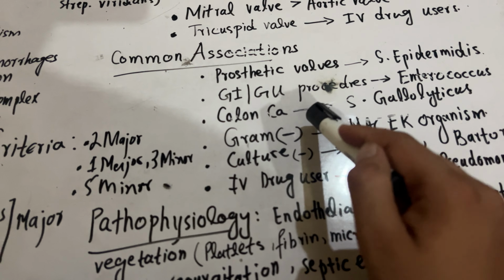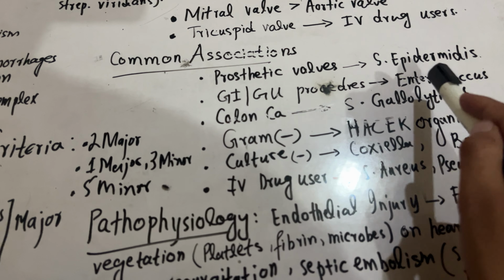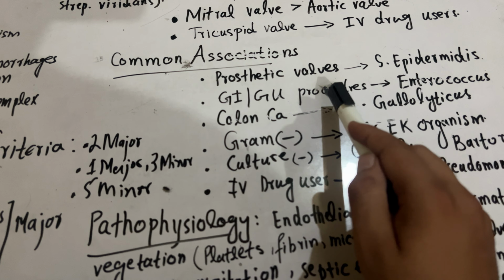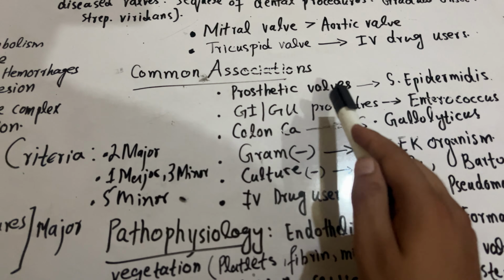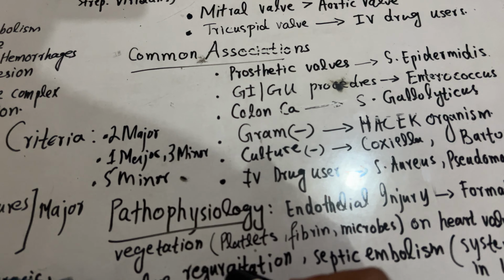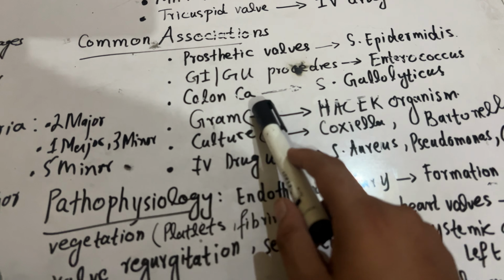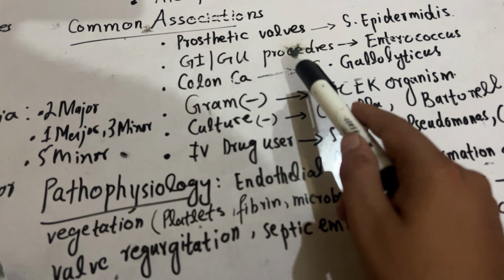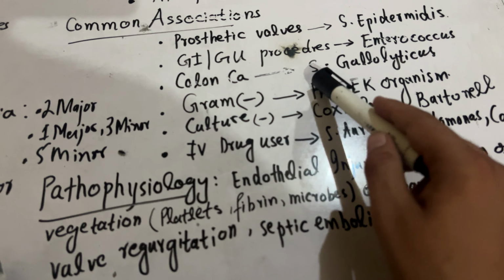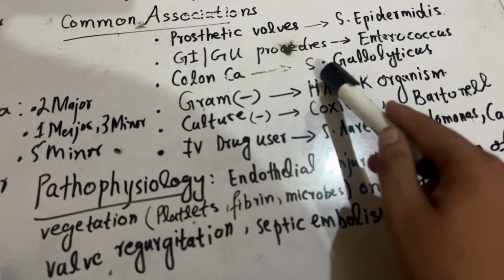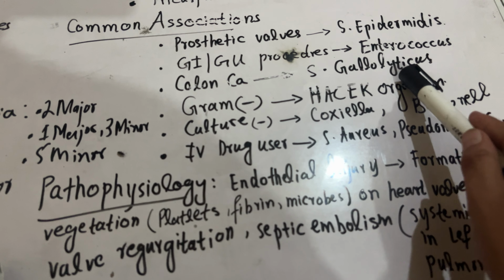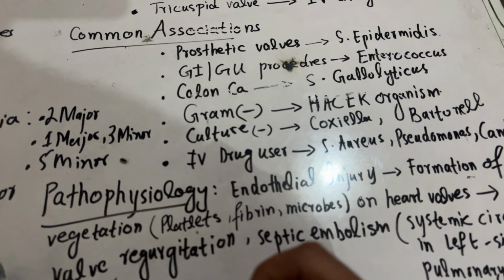Enterococcus is involved in these procedures, which can lead to infective endocarditis. Colon cancer can also be associated with infective endocarditis because of involvement of Streptococcus gallolyticus bacteria, which can lead to infective endocarditis.